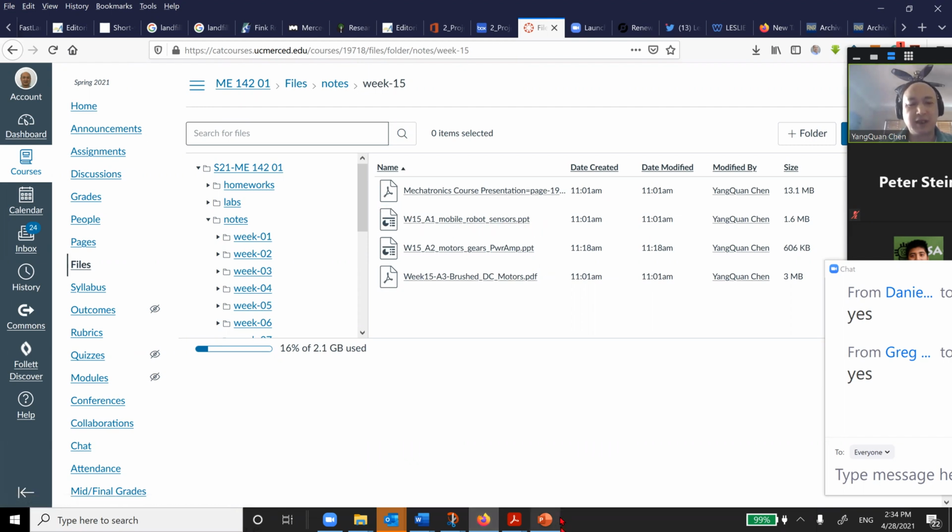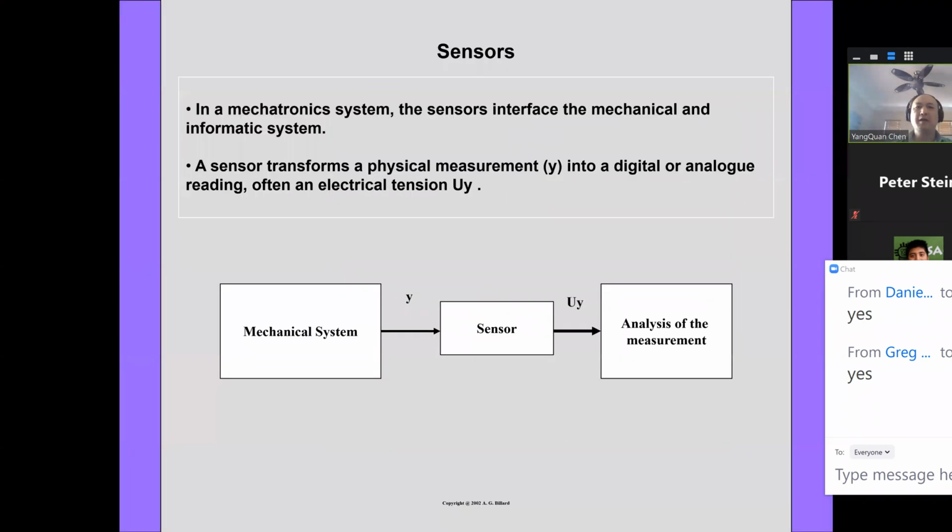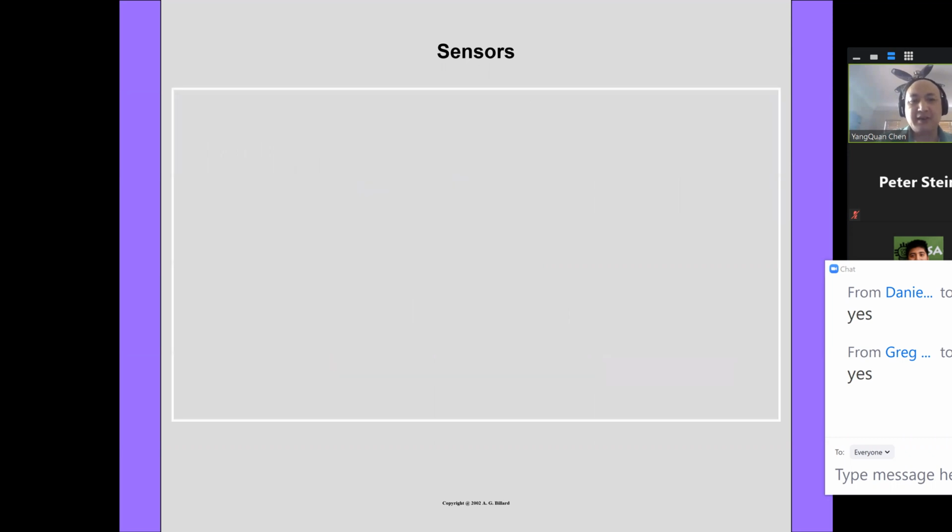Okay, let's move on. Mechatronic system sensors interface to the mechanical system and provide information to the system. We already talked about sensors, so we are going to focus more on the actuators.